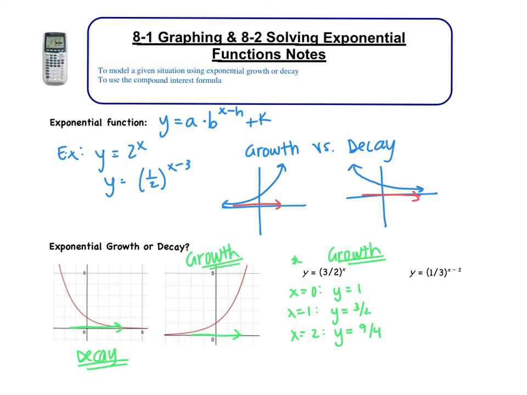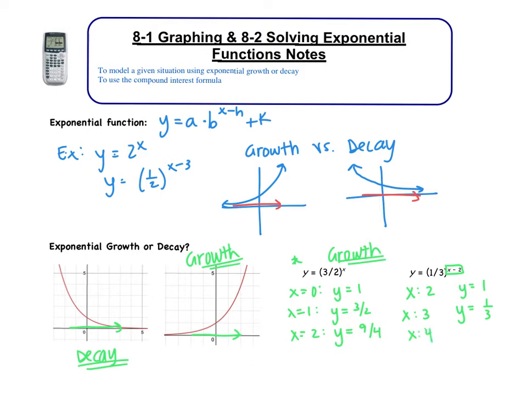Okay, the last one. Instead of starting with 0, I'm going to start with 2 because of this exponent. If I do 2 minus 2, I get 0. 1/3 to the 0 is 1. If I plug in 3, 3 minus 1 is 1. 1/3 to the first power is 1/3.